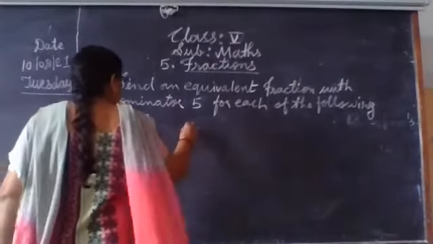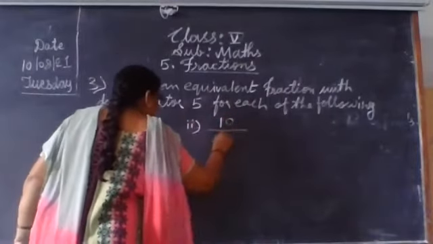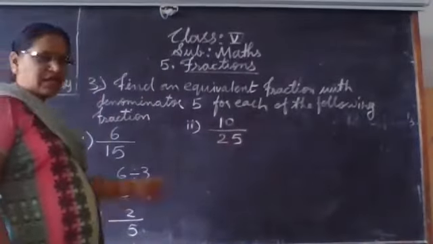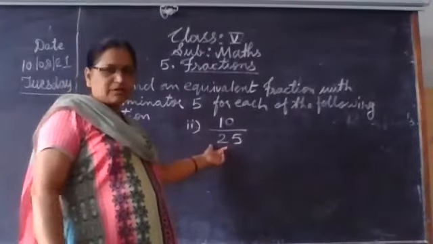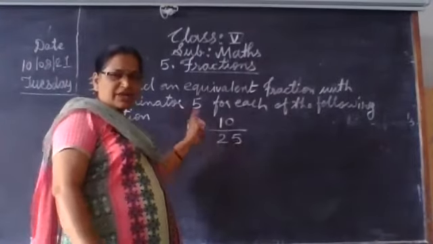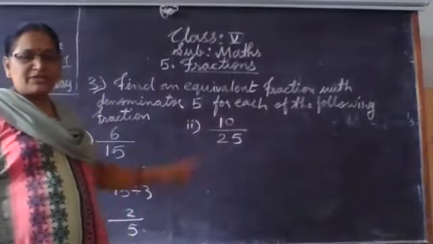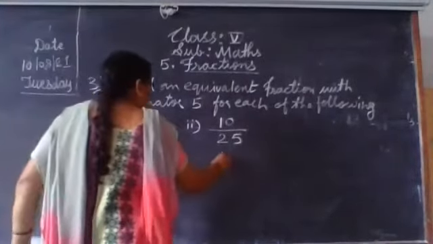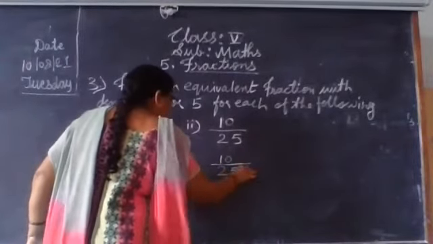Now let us see one more example. 10 upon 25. Again, you can't do the multiplication. Okay, so to get 5, you have to divide this 25 by what number, so that 25 becomes 5? So you have to divide this by 5. 5 fives are 25.